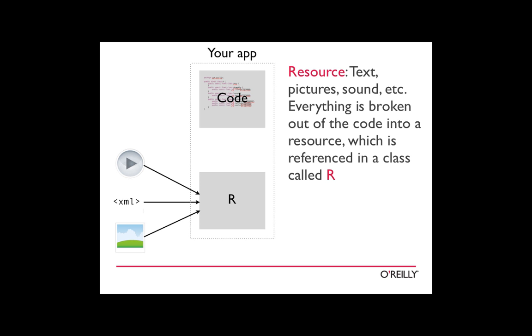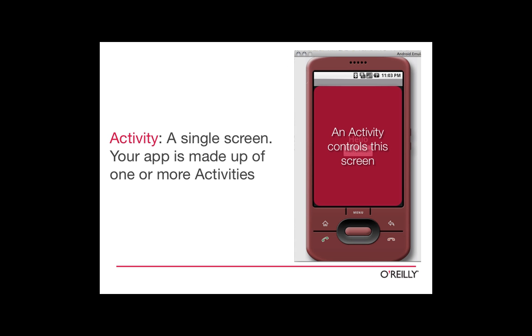Another important concept is the activity. An activity is basically a controller in a model view controller pattern, which hopefully you've heard of. It's the fundamental pattern that's used in GUI programming, where you're building things with a user interface.